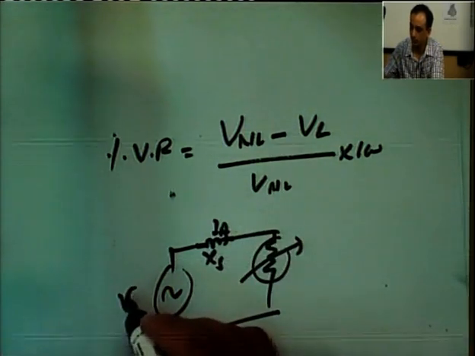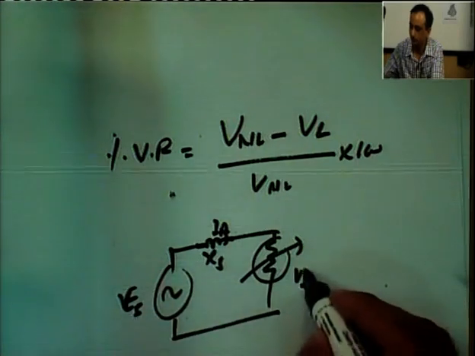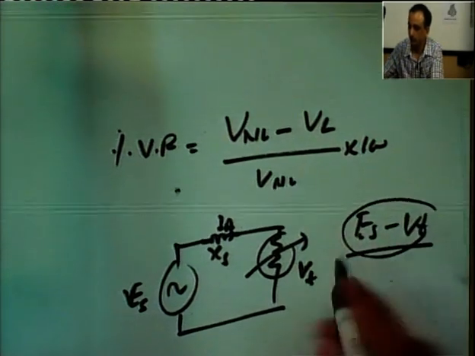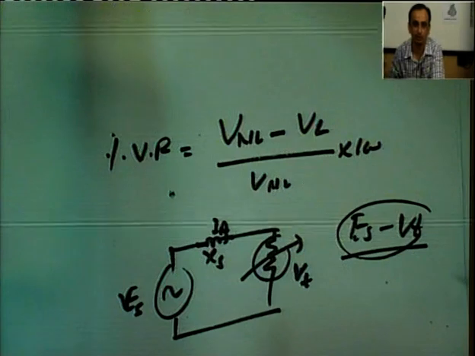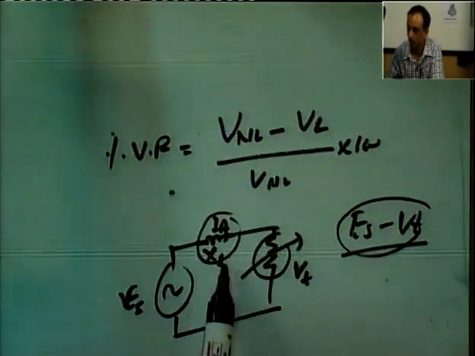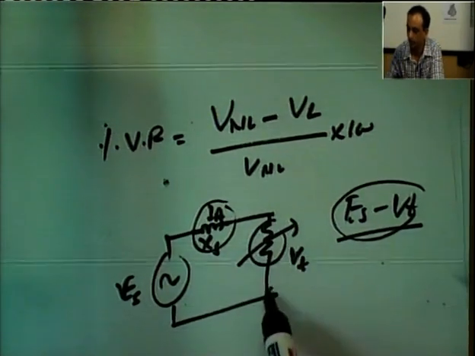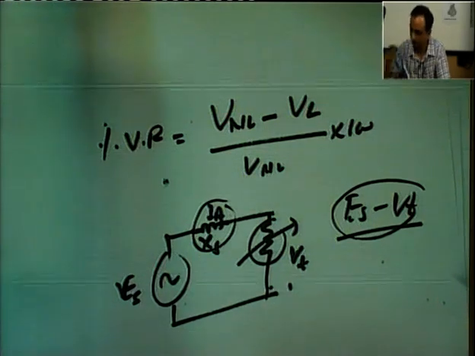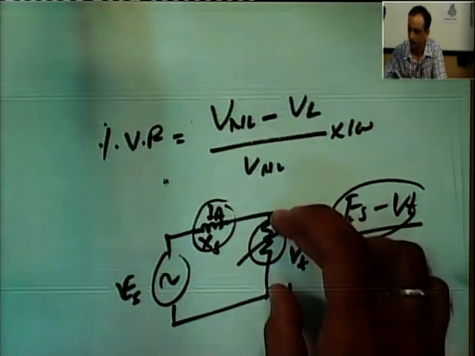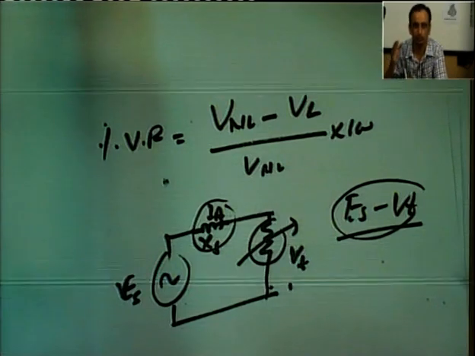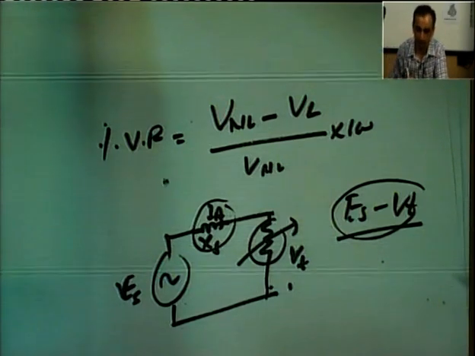This is your source voltage, or we say ES, and this is your terminal voltage VT. The difference of ES minus VT with respect to the no load terminal voltage is your percentage voltage regulation. If we increase the load, it will increase the drop, and this drop ultimately results in a drop in the net amount of voltage here. So, we can define it as the voltage change across the terminal when load is changed from no load to the full load value at a given power factor.